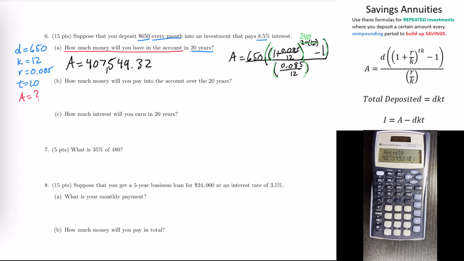And to figure out how much money I pay into the account over 20 years, I'm going to use the total deposited formula, which tells me that I have $650, which is deposited every month. So I'll multiply by 12 months and then multiply that by the number of years, which is 20.